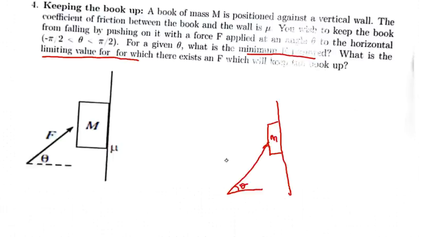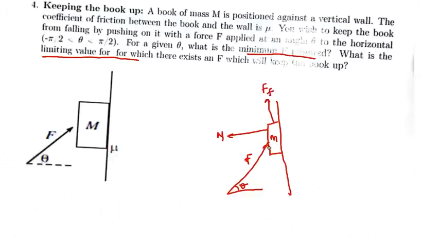The force is along this direction. The reaction will be in this direction. Here is the normal, and our frictional force will be pointing upwards.